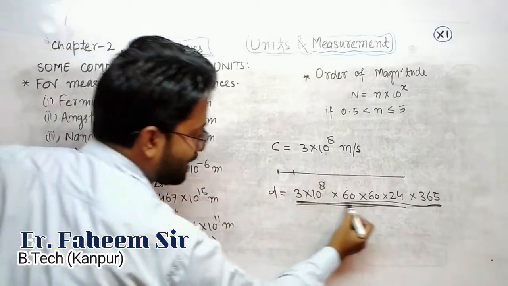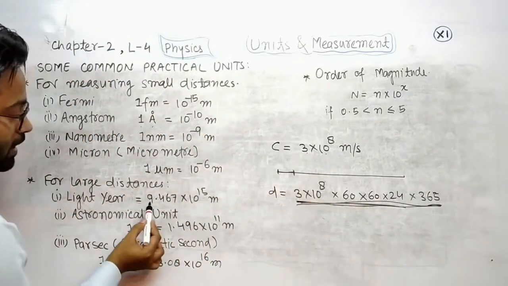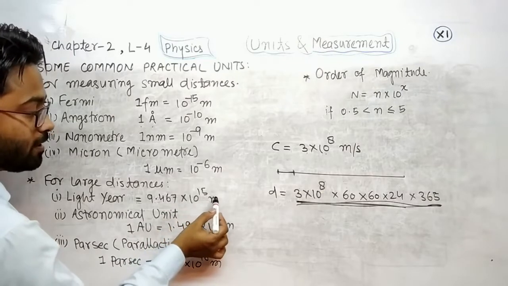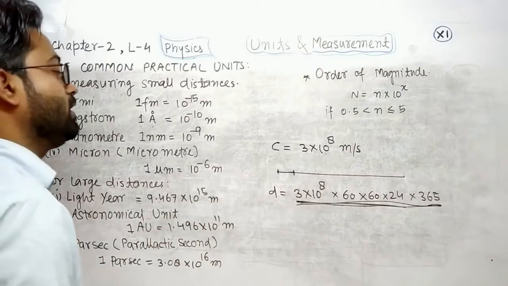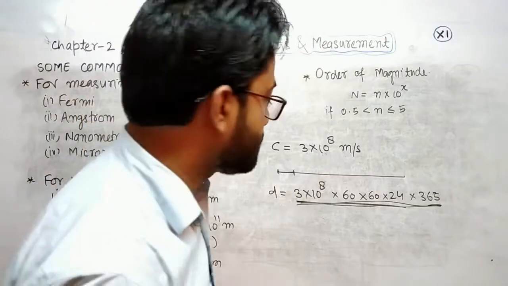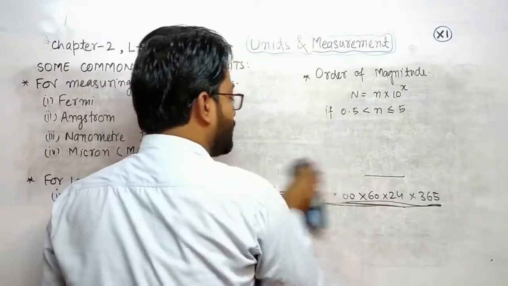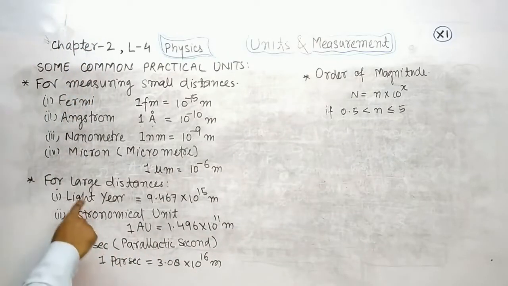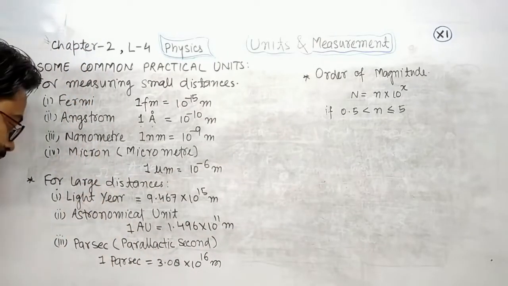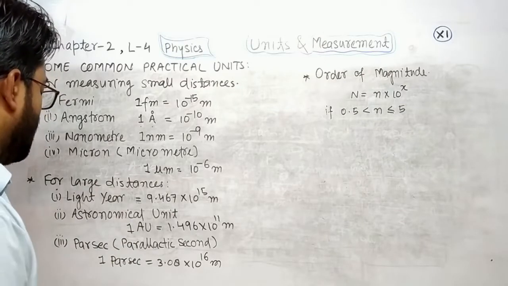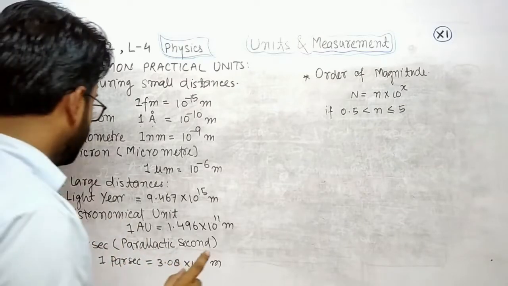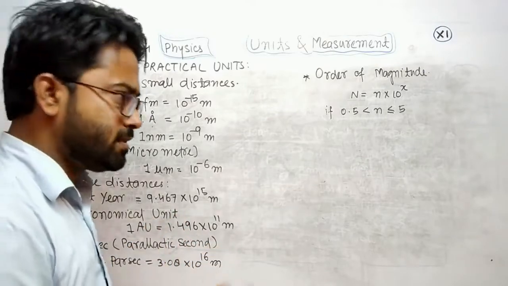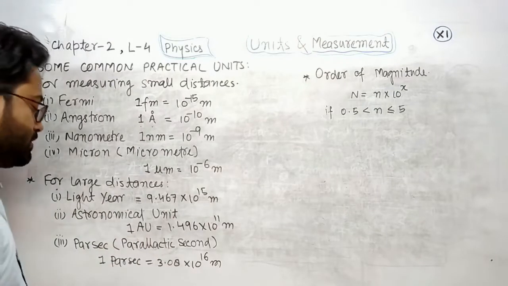After calculating this, you will have 9.467 into 10 to the power 15 meter. This is very, very large. That distance is called 1 light year. And the light year is used to calculate the distance between stars or galaxies, etc.